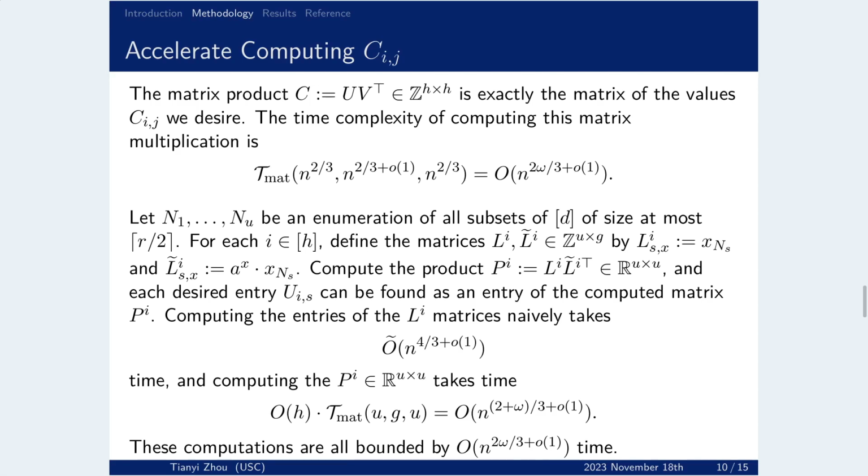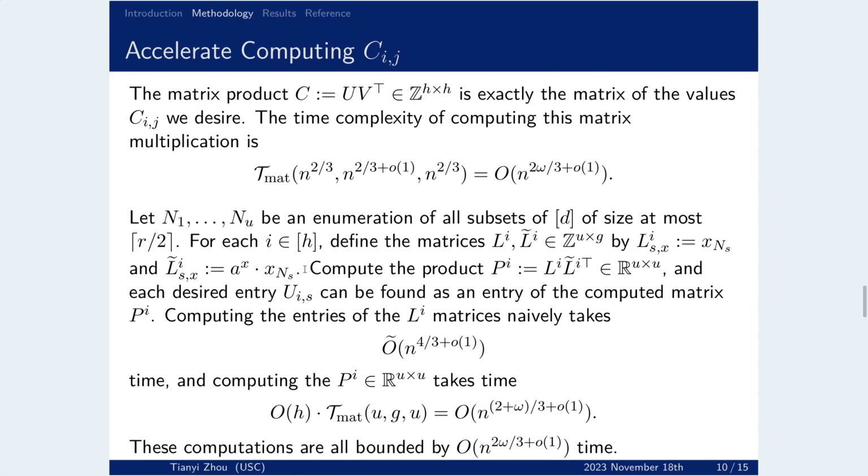So we let N be an enumeration of all subsets of D of size at most R divided by 2. For each i, define the two matrices L and tilde L, which are defined this way.